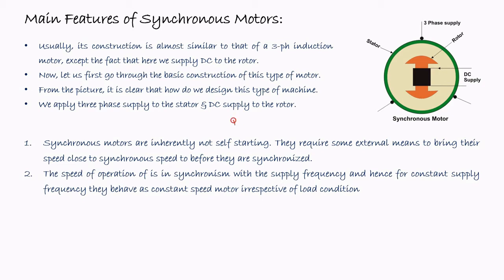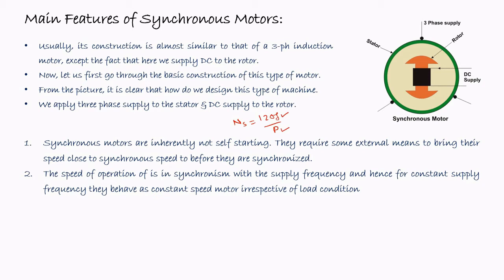That we have already discussed. The speed of the synchronous motor depends upon the supply frequency and the number of poles. If the supply frequency is constant and the number of poles is constant, then the value of Ns will also be constant. So whether the machine is loaded or running at no load condition, its speed will always be equal to the synchronous speed.